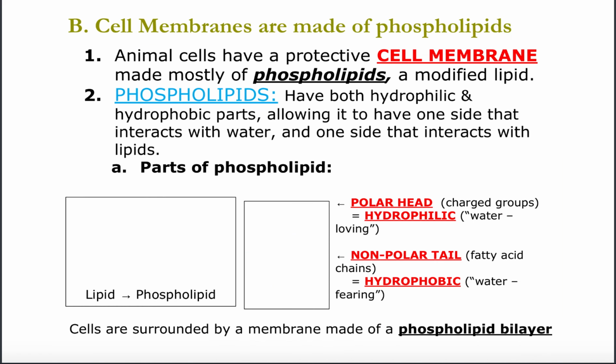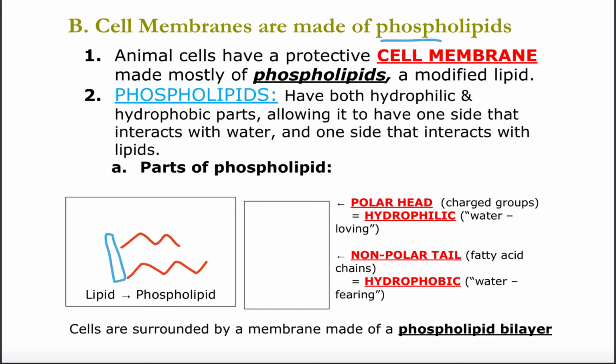Okay, so cell membranes are made of something called phospholipids. Phospholipids are a special type of fat that has fatty acids, but on top of that, they have a phosphate ion on it. So what you have is your lipid. We have our lipid backbone here with the fatty acid tail on it.